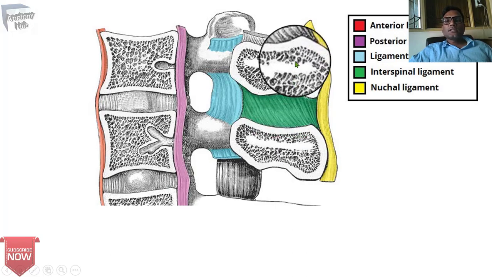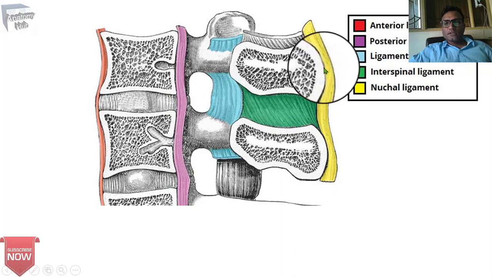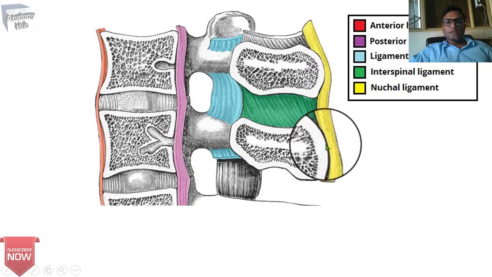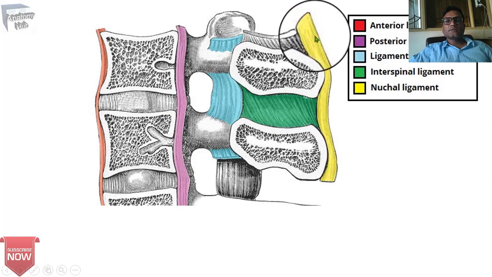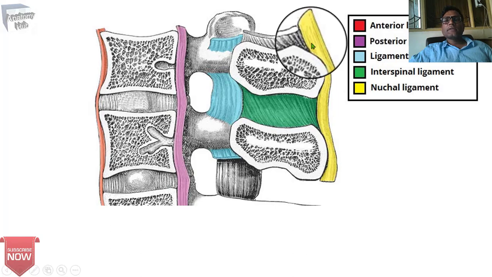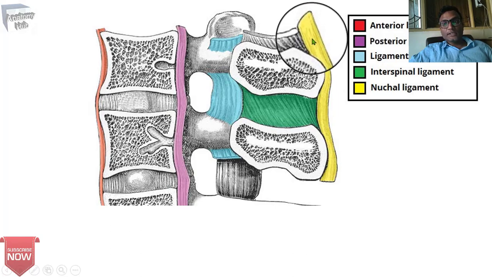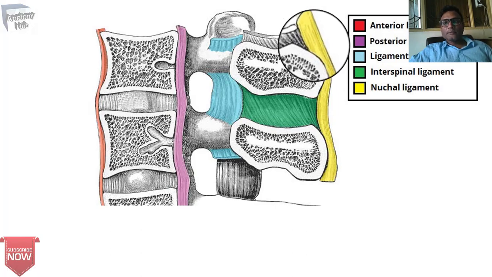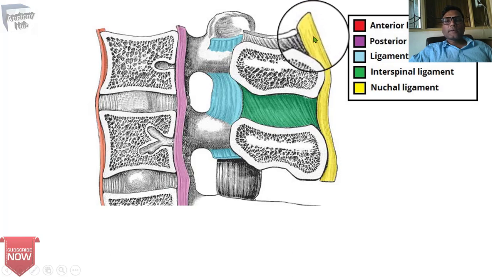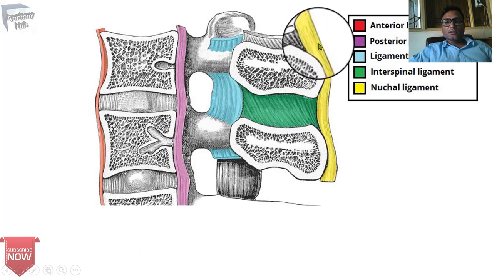And here at the tip of the spinous process, you will find the presence of your ligamentum nuchae or nuchal ligament. This nuchal ligament is a uniqueness of the cervical vertebrae. It starts from the external occipital protuberance and comes downward.